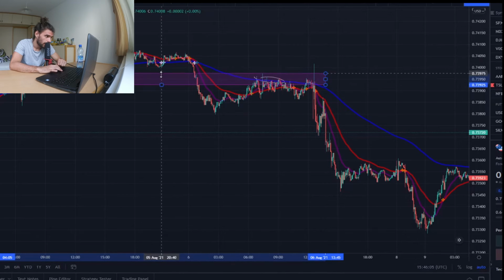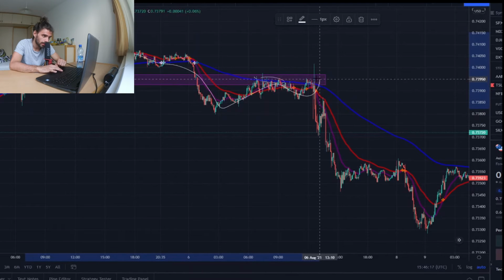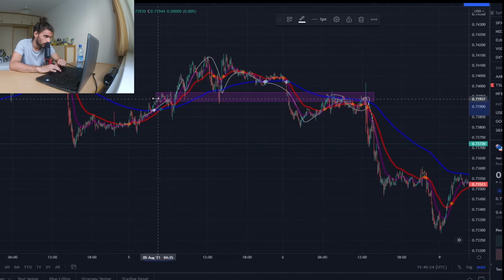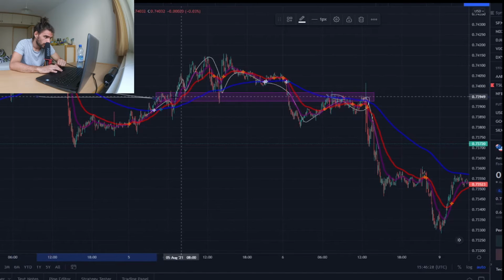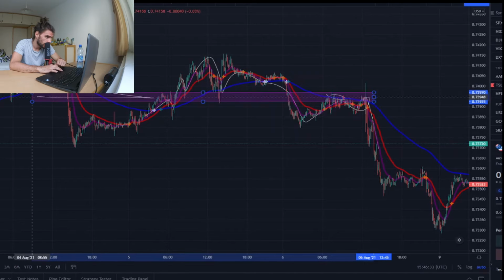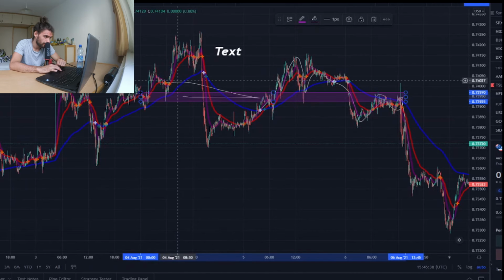So here we had this support line which acted as a support area here a couple of times. Here we broke down, and now it is acting as a rejection area or a resistance line, which also happened here. We could go all the way down with this rectangle and see that we had the same support and resistance line here.